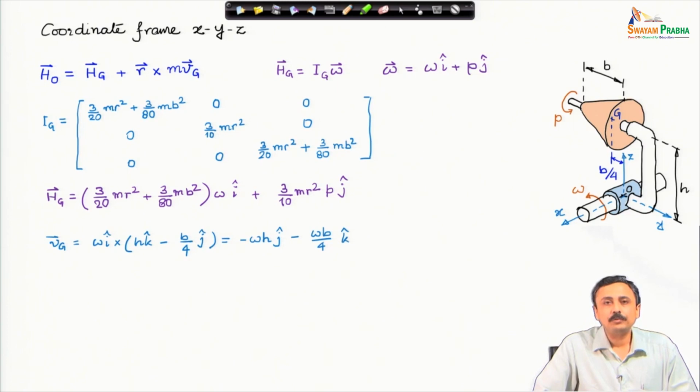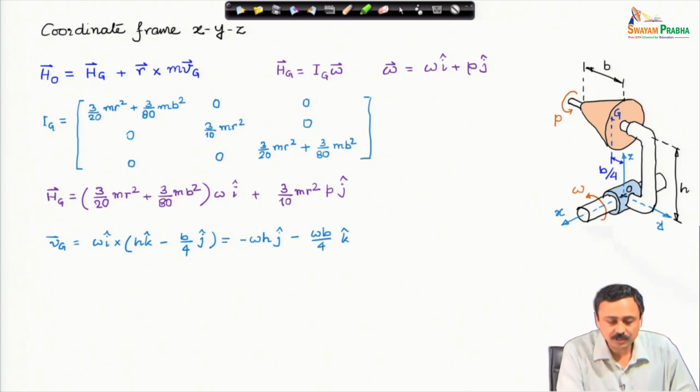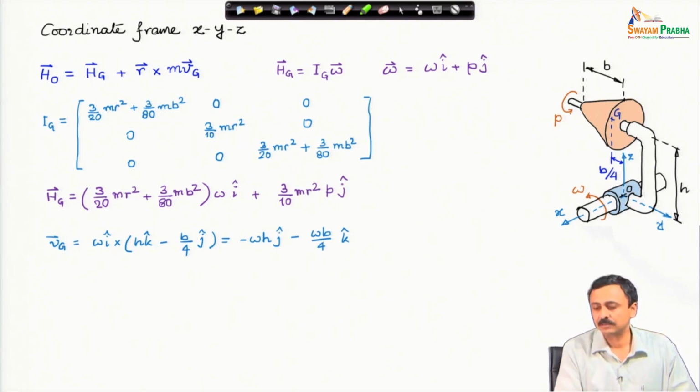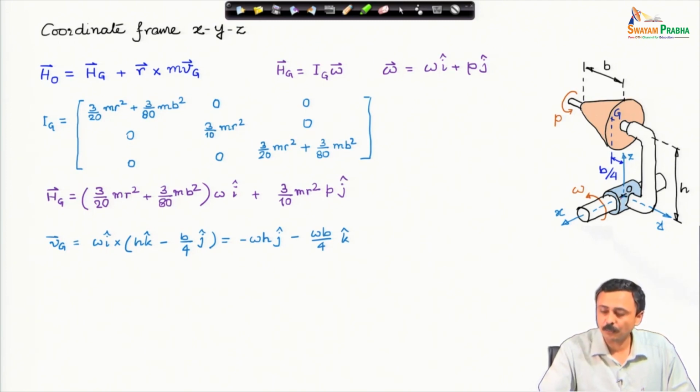Then we have to find out the velocity of center of mass. Velocity of center of mass can be easily represented as velocity of O plus omega cross the vector from O to G. Velocity of O is 0 of course. You may note that O and G are actually points on this same bracket on which the cone is mounted.